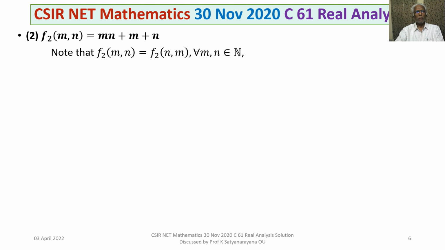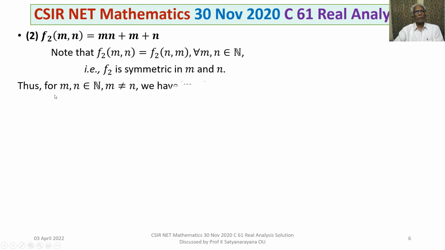This means f2 is symmetric in m and n. Thus, for m comma n belonging to N with m not equal to n, the ordered pair m comma n is not equal to n comma m, but f2 of m comma n is equal to f2 of n comma m because of the symmetry.